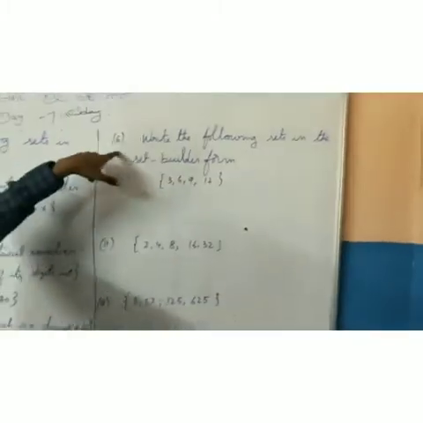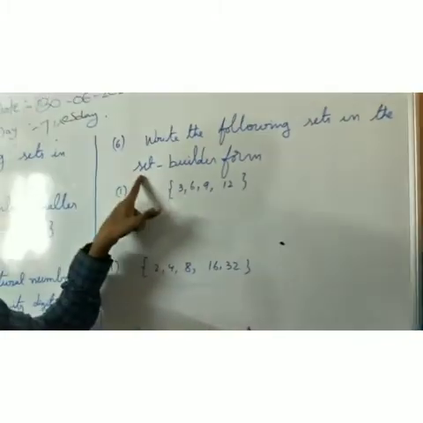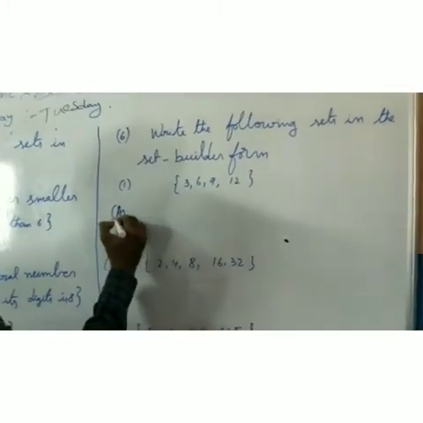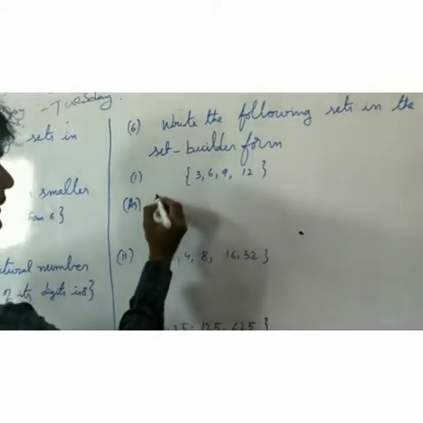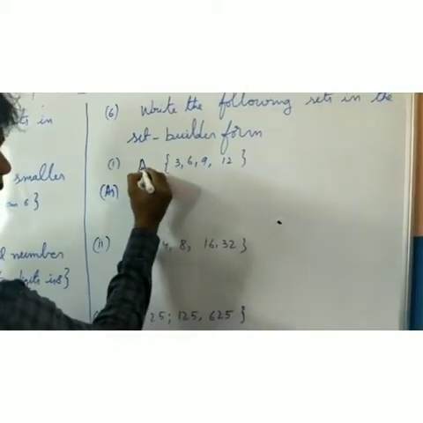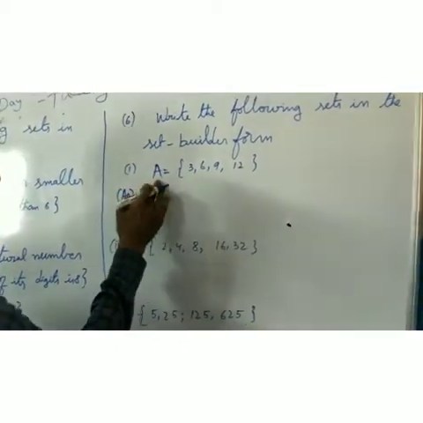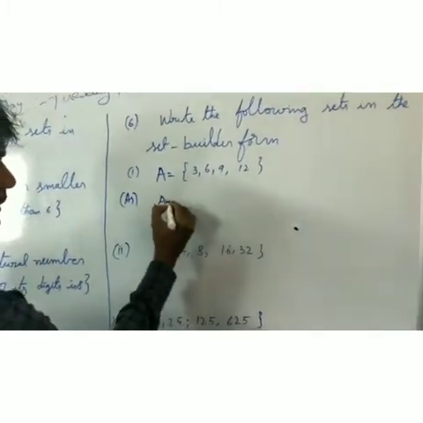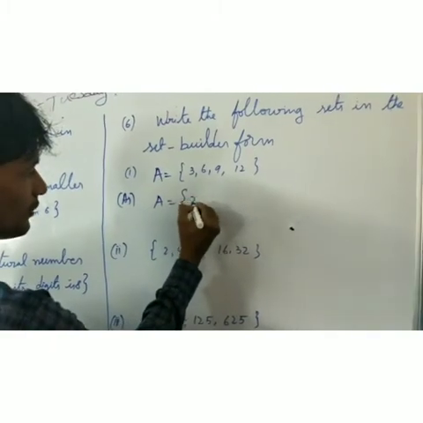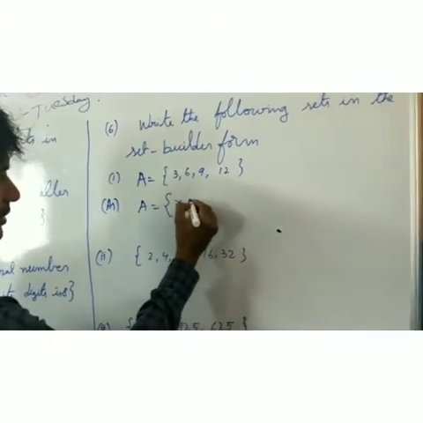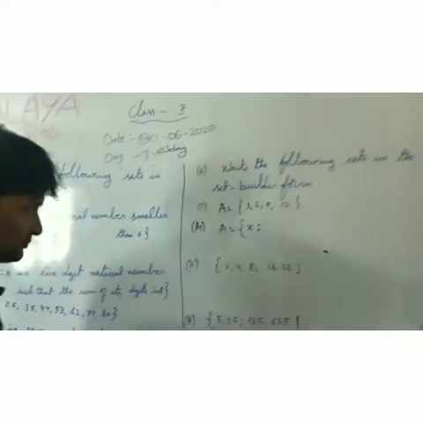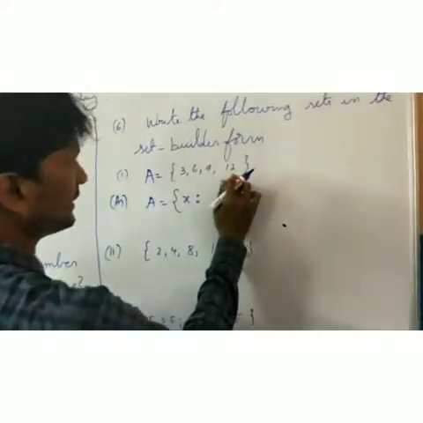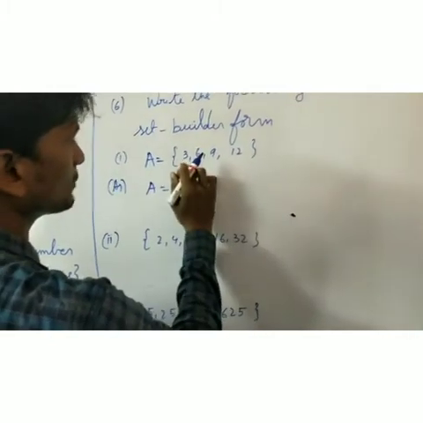Next one, the sixth one. Write the following sets in the set builder form. Set builder form means, for example, let A equal to 3, 6, 9, 12. How to write it in set builder form? A equal to, every time we have to write x such that, this is common. x such that 3, 6, 9, 12. So what can we write here?